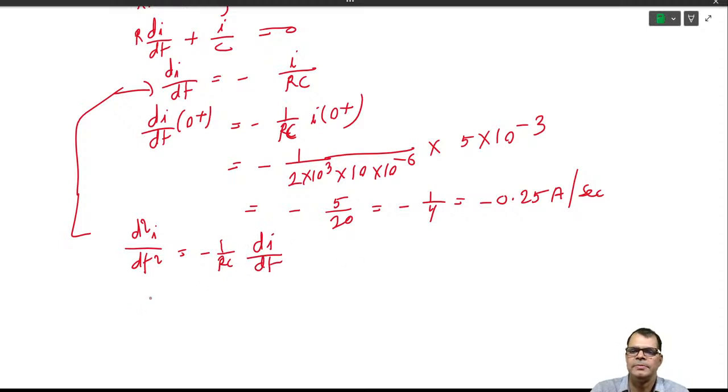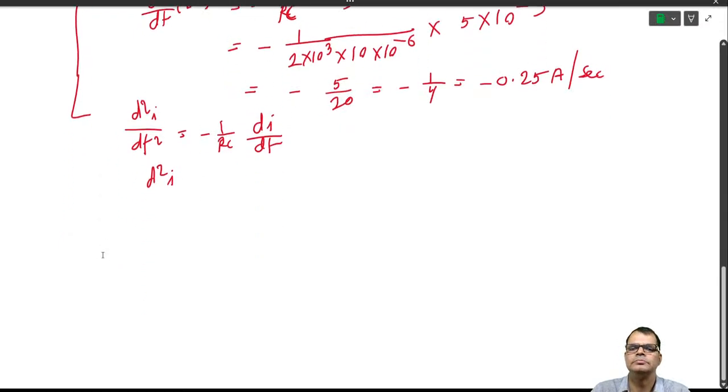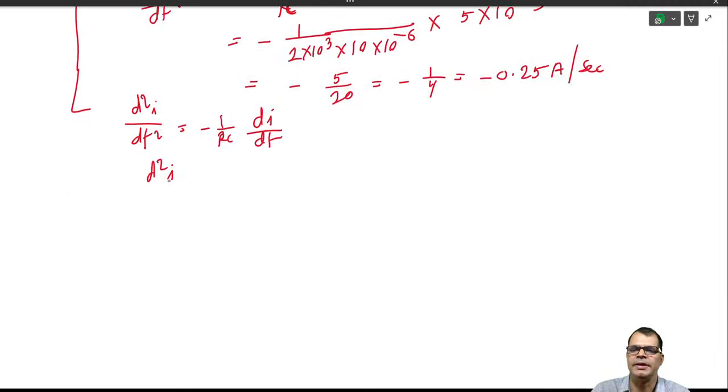Now d square I upon dt square at t equal to 0 plus is equal to minus 1 upon RC di upon dt at 0 plus.